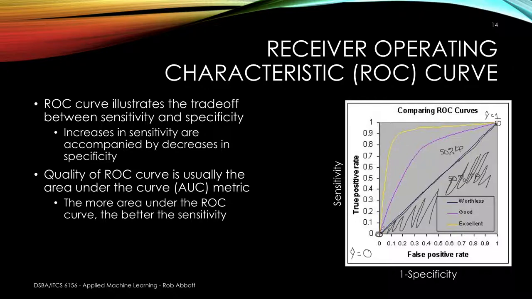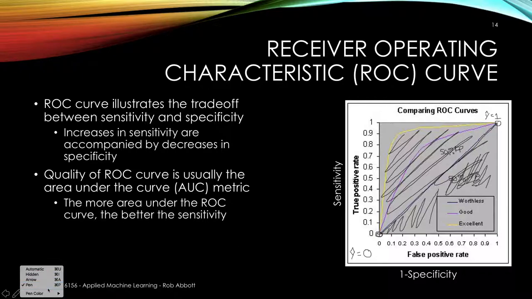So when I draw this ROC curve, the more area under the curve, the better my classifier is, because this area up here really becomes what we look at in terms of the error of the model.